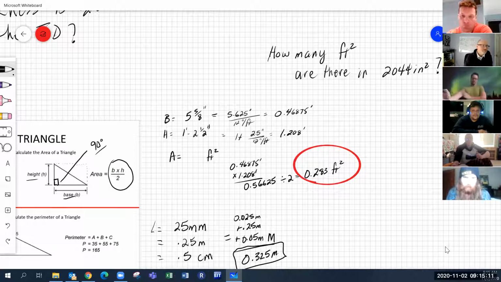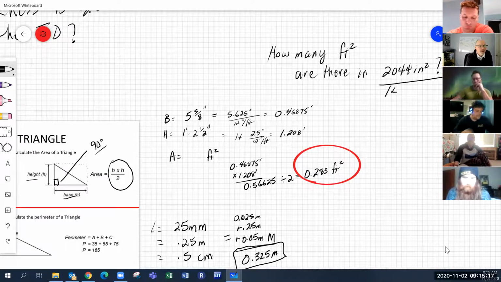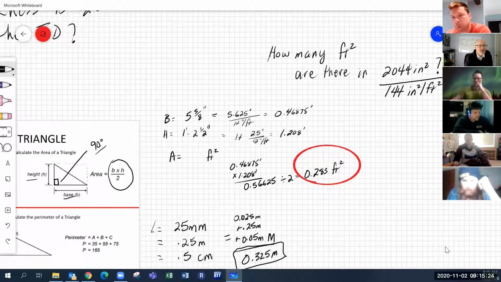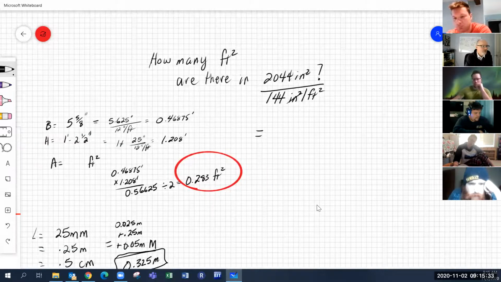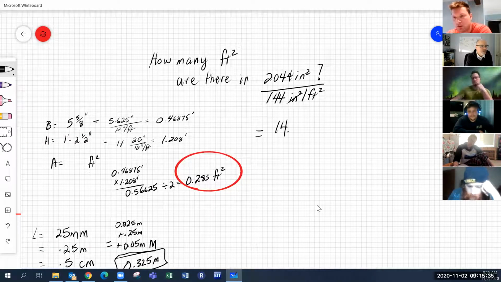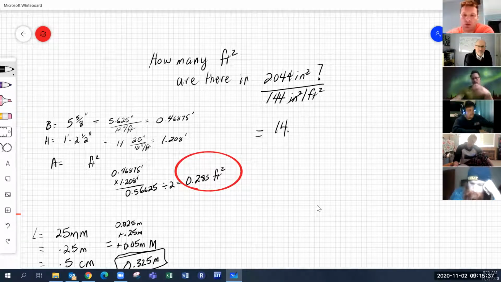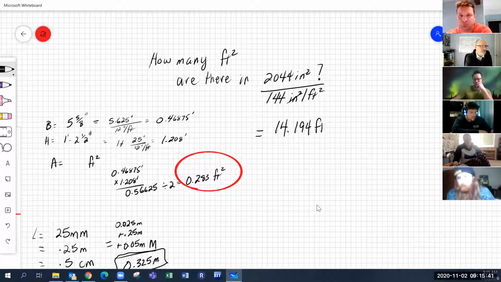So you had to know that there is how many square inches in a square foot? 144 inches squared per square foot. And as you can see, when we divide these out, the inches squared get canceled out, and that equals 14 point, Alex, what did you say? 194. 194 feet squared.